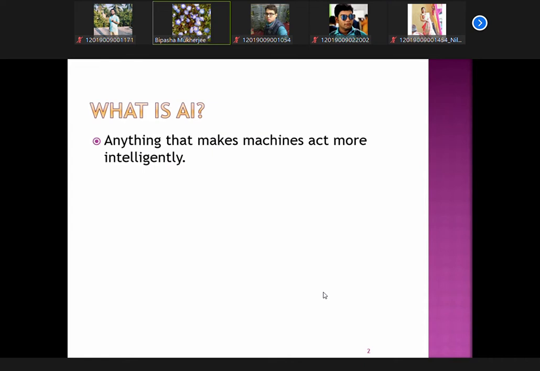It means that we expect the machine to act like a human being. Now, like a human being means what? It can take decisions based on some specific inputs.